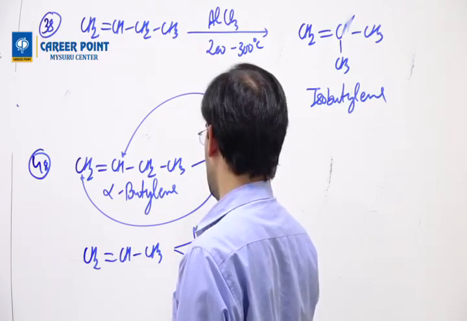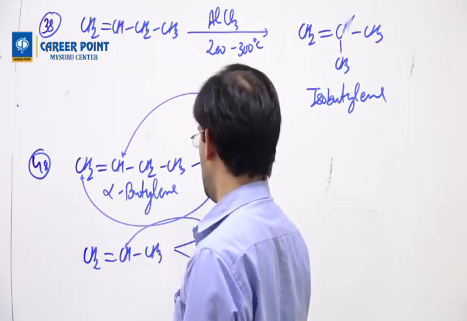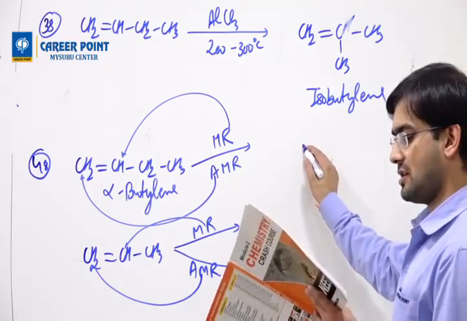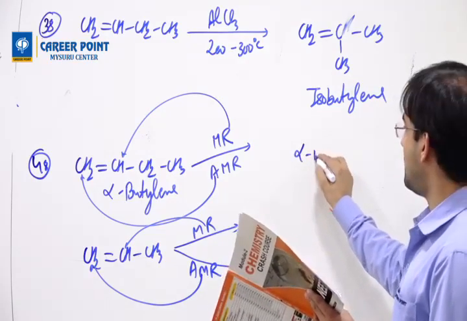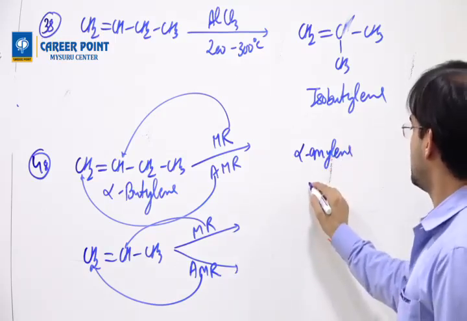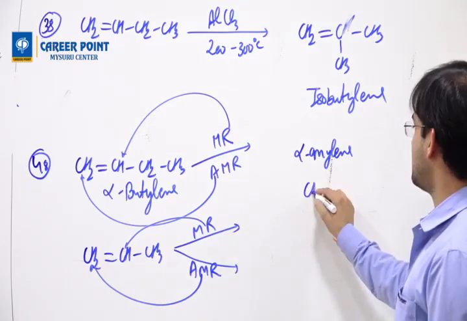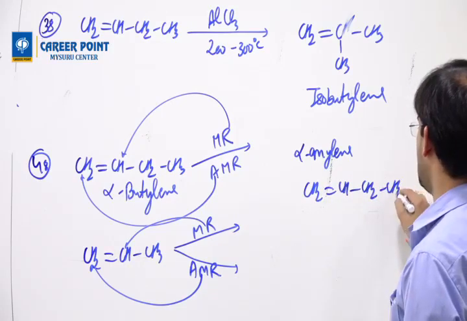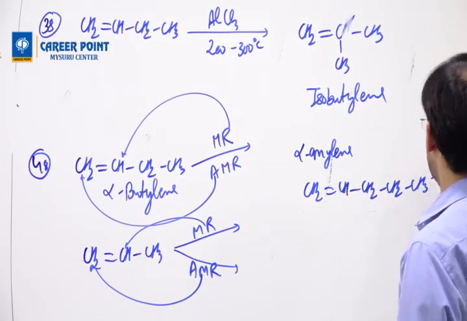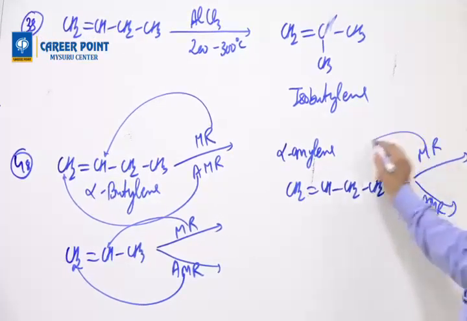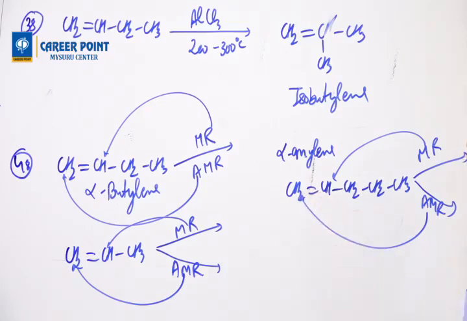Markovnikov's rule here, anti-Markovnikov's rule there. Then option C, alpha amylene, so that becomes 5 carbons: CH2 double bond CH, CH2, CH2, CH3. Again Markovnikov here, anti-Markovnikov there.